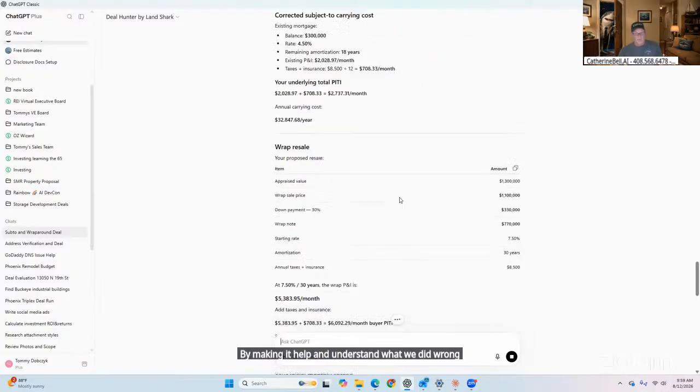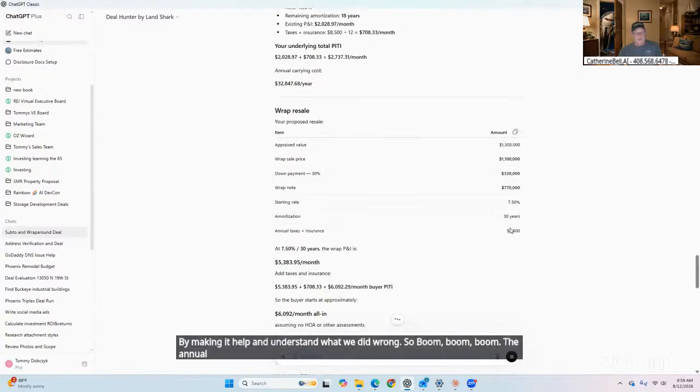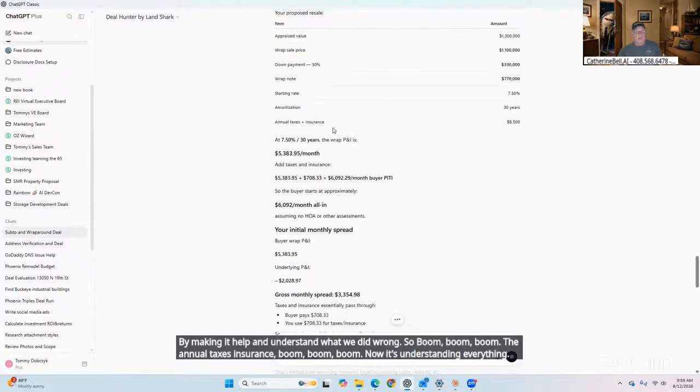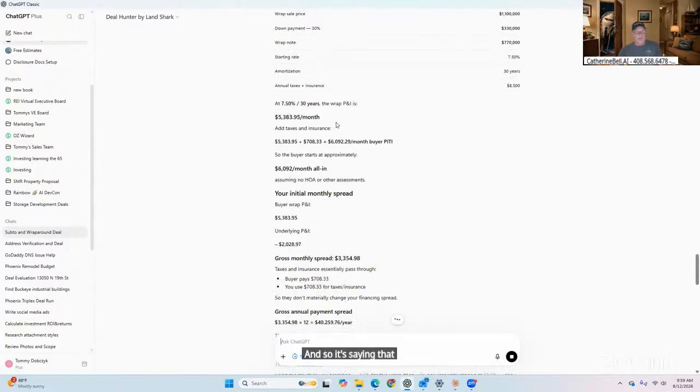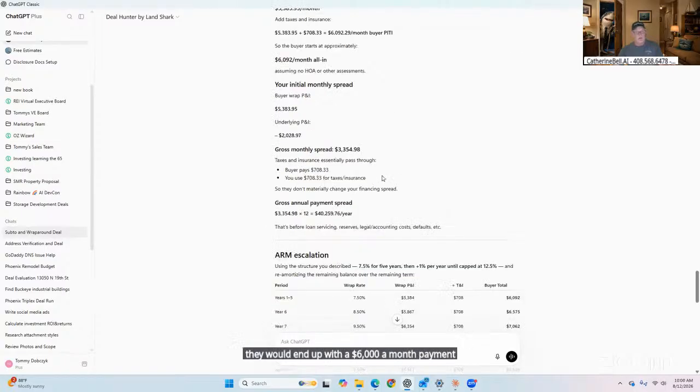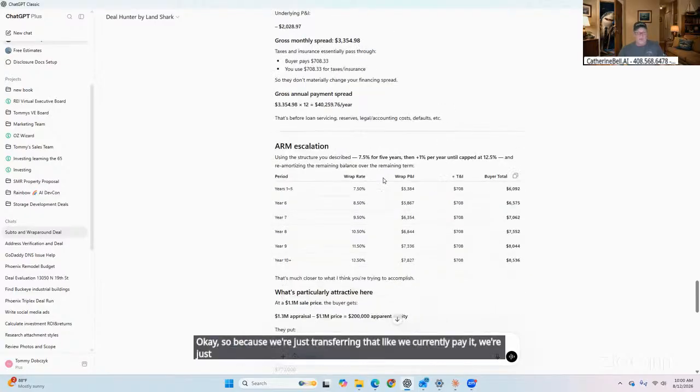So boom, boom, boom, the annual taxes, insurance. Now it's understanding everything. Based on that wrap, they would end up with a $6,000 a month payment. Because we're just transferring that, like we currently pay, we're just going to transfer that over.